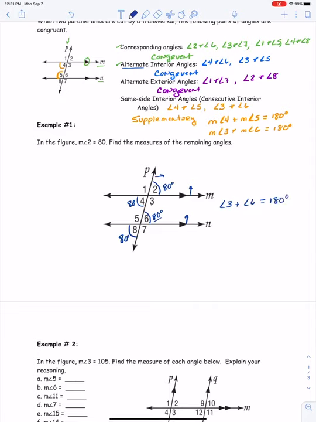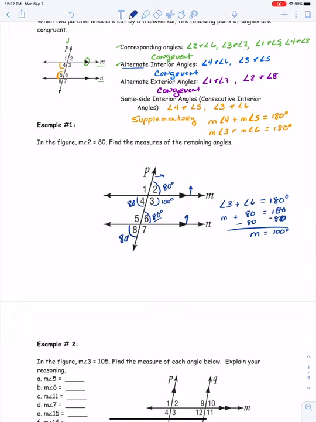We know that angle 6 is 80 degrees of that, so we need to know the measure of angle 3. So we have a little algebraic problem, so we're just going to subtract 80 degrees from 180 degrees, and so the measure of angle 3 has to be 100 degrees. So we know angle 3 is 100 degrees.